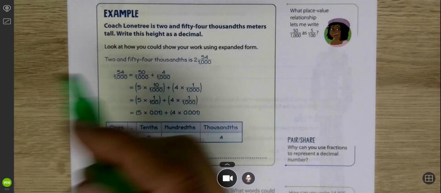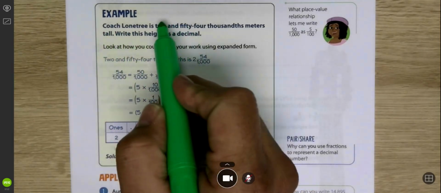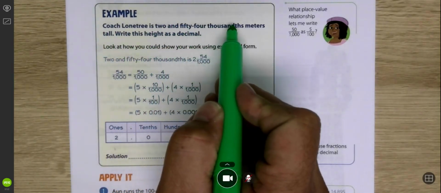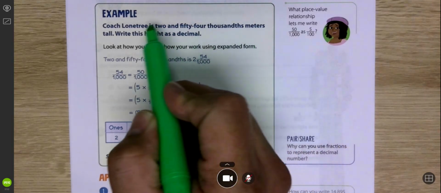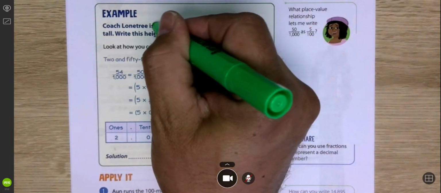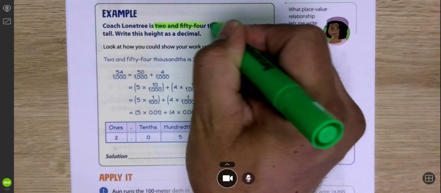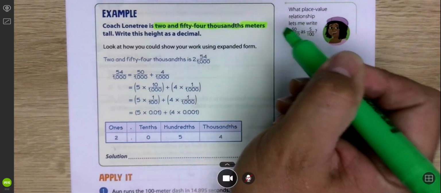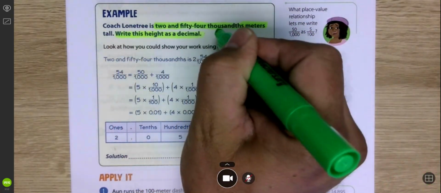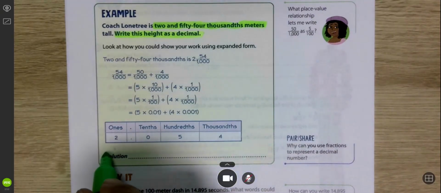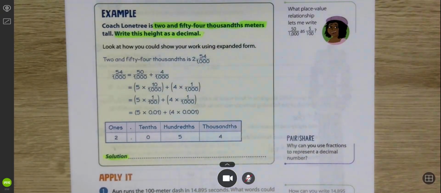So, anyways, this is Coach Lone Tree is 2 and 54 thousandths meters tall. Okay, 2 and 54 thousandths meters tall. Write this height as a decimal. And that's what they're giving you the solution box down here.